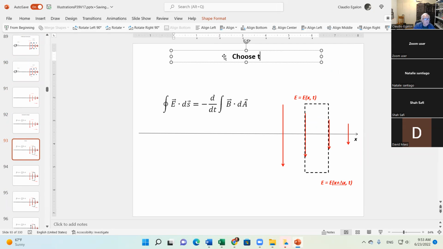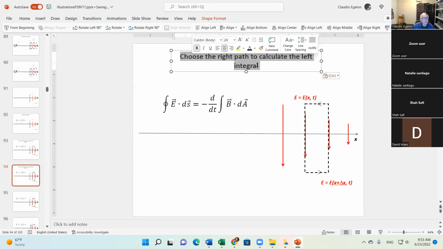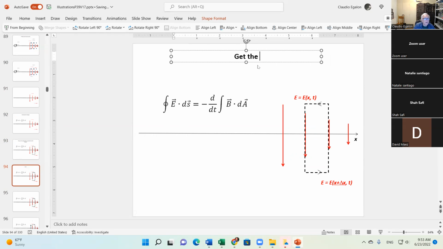Choose the right path to calculate the left integral. Now get the right direction of the path integral. In this case, counterclockwise. Get not the right direction, get any direction of the path integral. In this case, we chose counterclockwise.